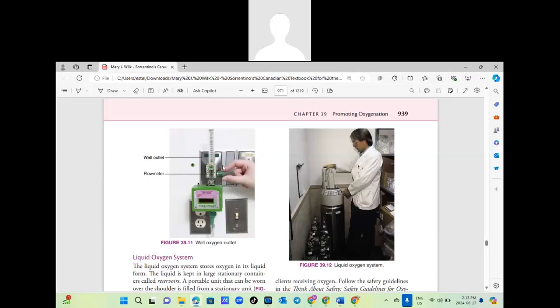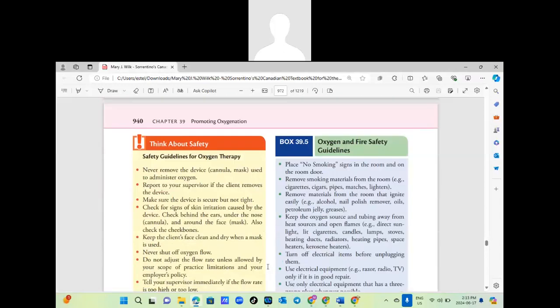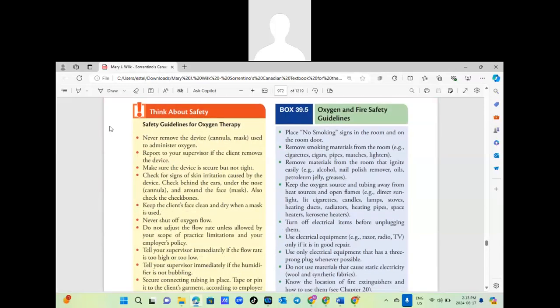If the doctor orders one to three, either one is okay, but if we need more, we can titrate or increase the flow of the oxygen, but we can only go to the max of 3 liters per minute. If the client still needs more oxygen, we have to ask the doctor to increase the flow. Okay. All right, so let's go to the safety over here.